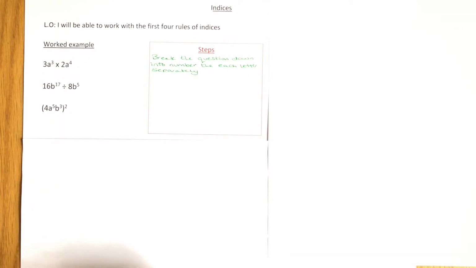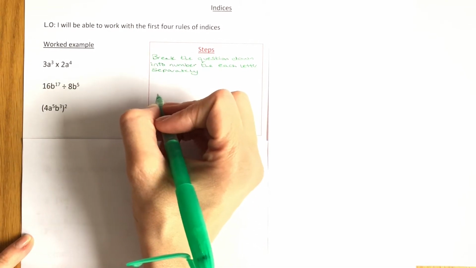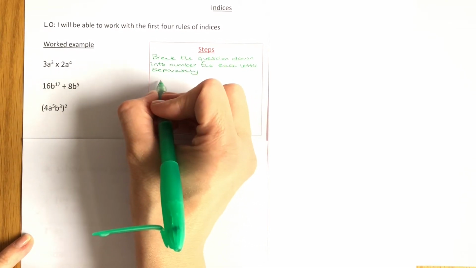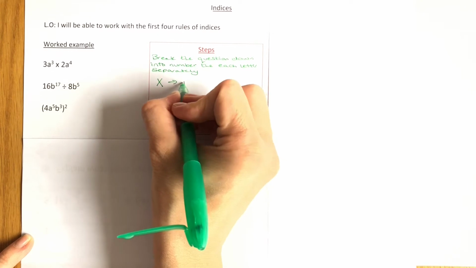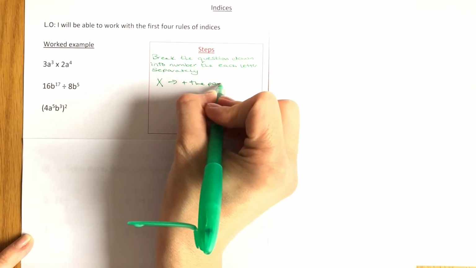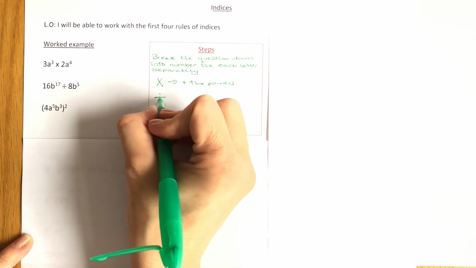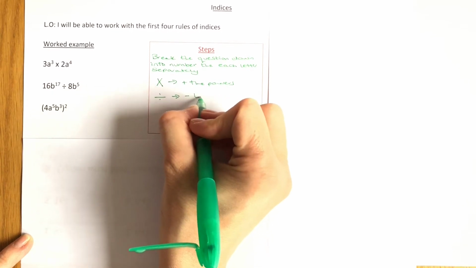Before we do our first examples, we're just going to do a quick recap. When the base number is the same, so that's only referring to the bits with indices: if you're timesing, you add the powers. If you're dividing, you subtract the powers.